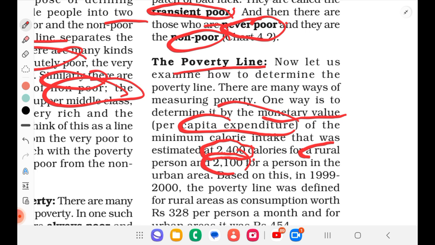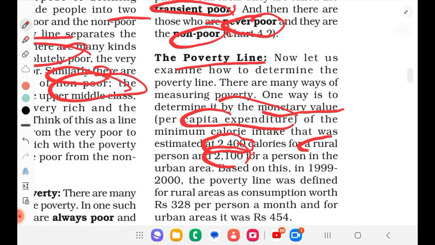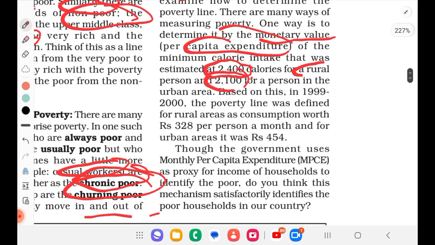Based on this, in 1999-2000, the poverty line was defined for rural areas as consumption worth rupees 328 per person a month, and for urban areas it was rupees 454.